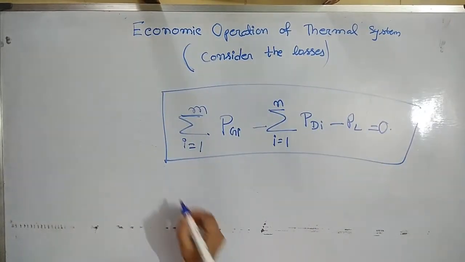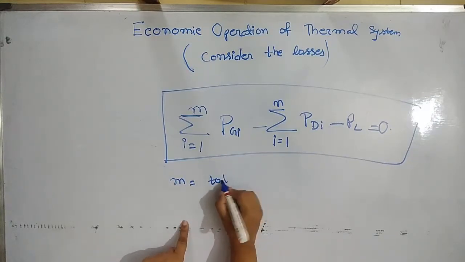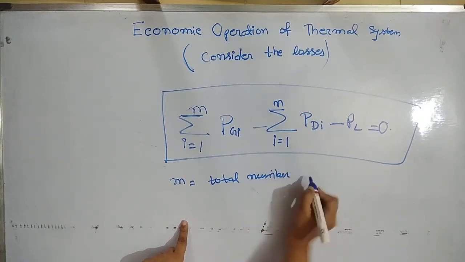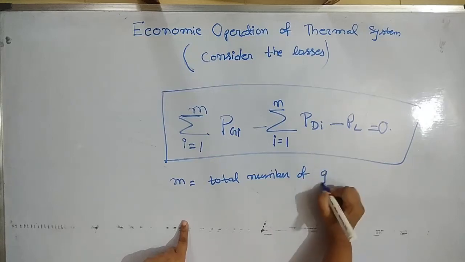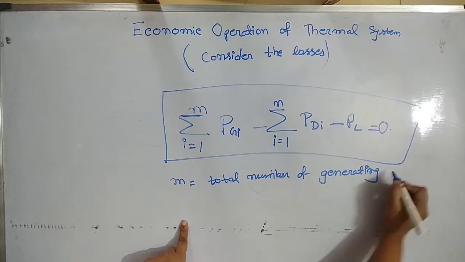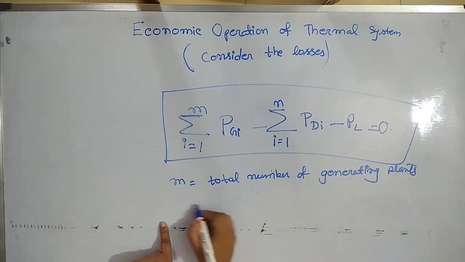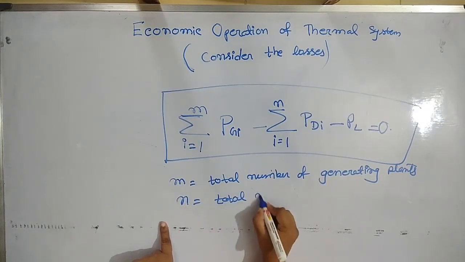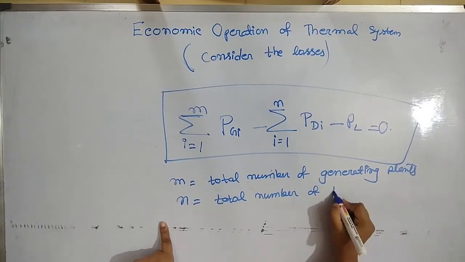Here m is the total number of generating plants, and n is the total number of buses.